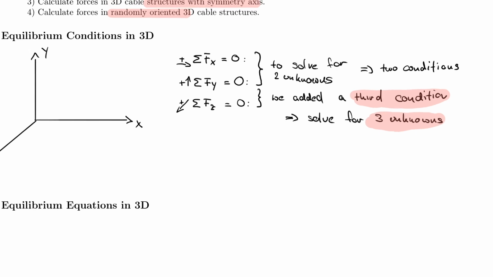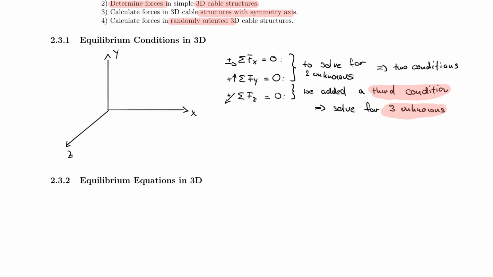Now, what that means is that our math becomes a little bit more complicated because, of course, we're having three equations now and we need to solve three equations with three unknowns at a time. But what I will show you initially is that often you can take advantage of some aspects of the structure to reduce it to one unknown or two unknowns.